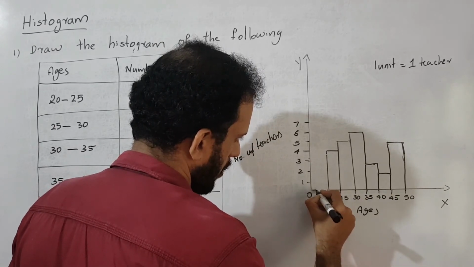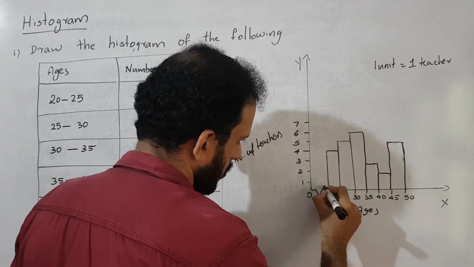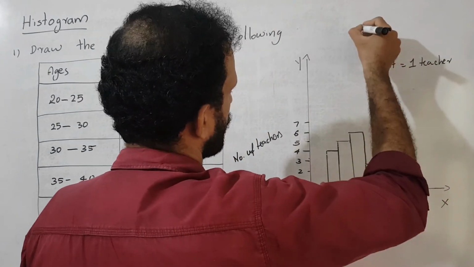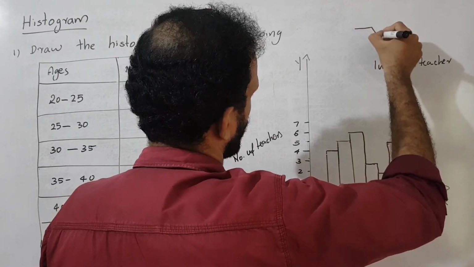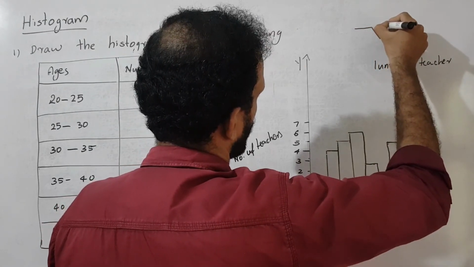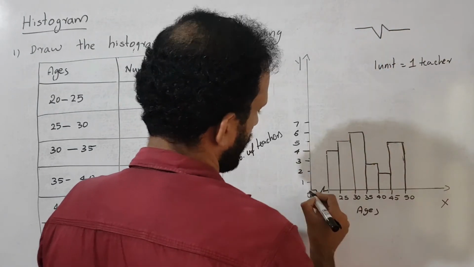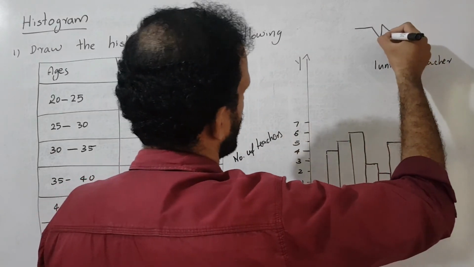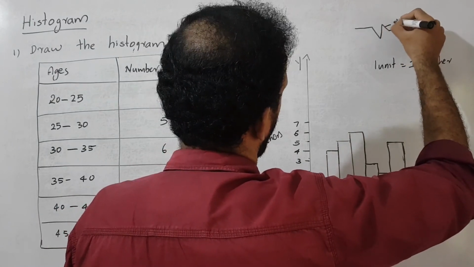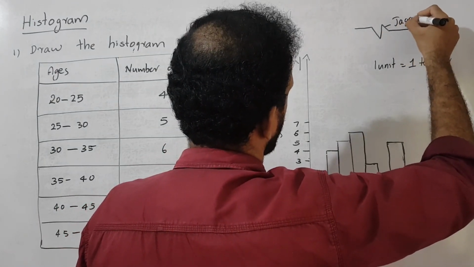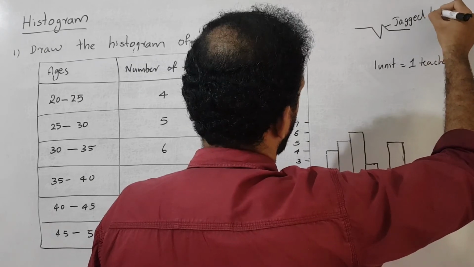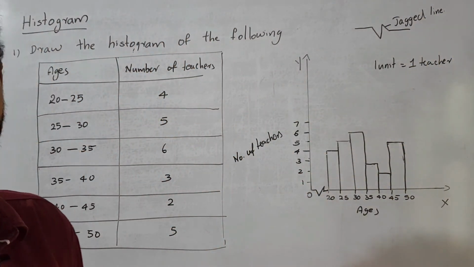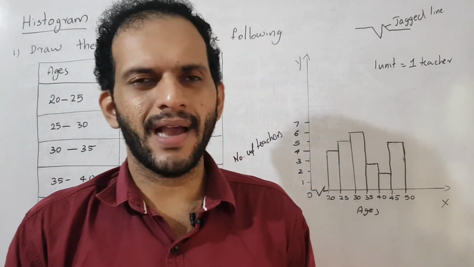Then this one is called a jagged line. What is the meaning of a jagged line?